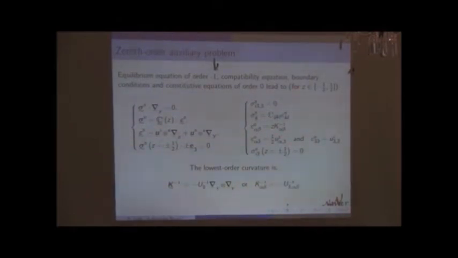However, the unknowns are U alpha, U1 alpha, and U3, and these are the unknowns of the problem. The only boundary condition we have is that you have free upper and lower faces.